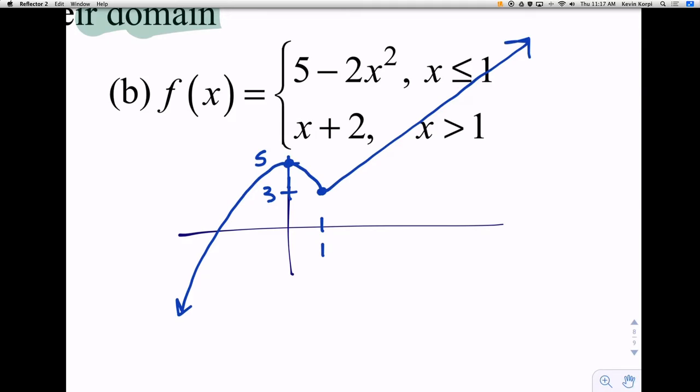Remember how easy it was in the opening of this section just to be able to look at a graph and determine an absolute max or an absolute min. So nice to have graphs, especially the ones that we generate ourselves.